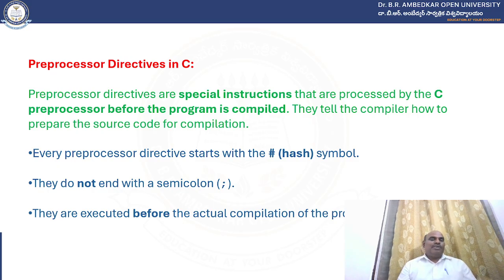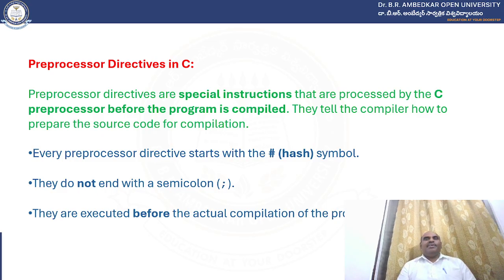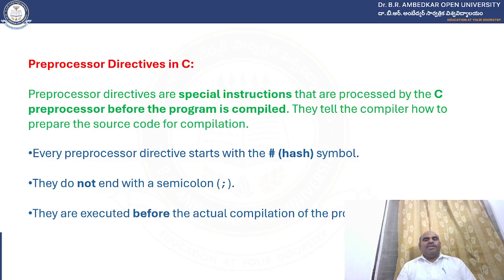What do you mean by preprocessor? It is giving instructions to the compiler. What kind of instructions? About compiling the source code: telling the compiler how to prepare the source code for compilation. So the three rules are followed.